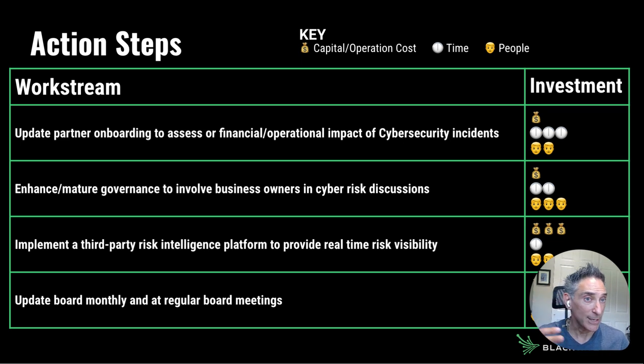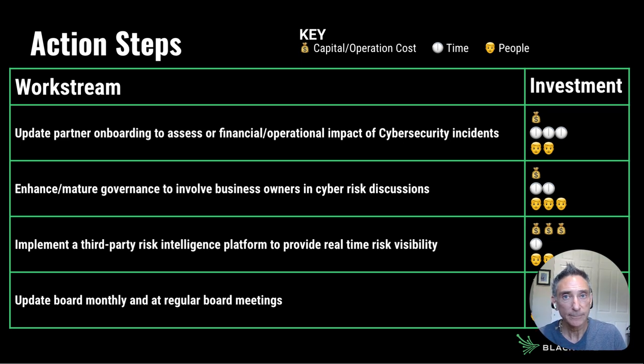And this is when we ask you to help us and support us in this very important set of initiatives. This is where we're going to need a lot of support from you, because they don't always want to be involved, and they kind of say, well, cybersecurity, that's your team. So we need to have better involvement, better governance, better accountability, better ownership of the risk exposure that we have within our third parties.